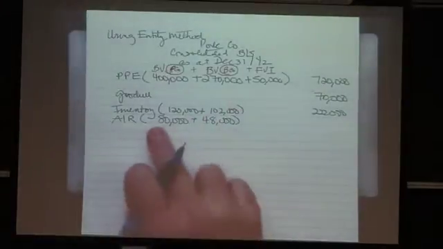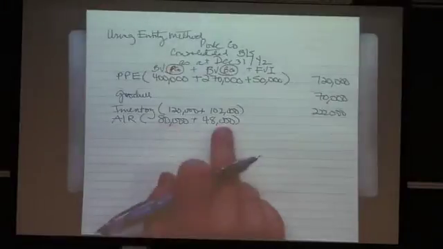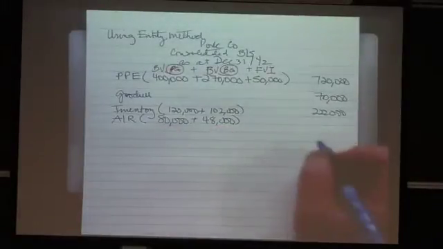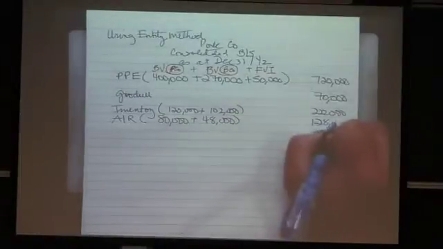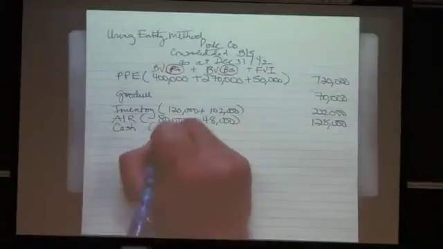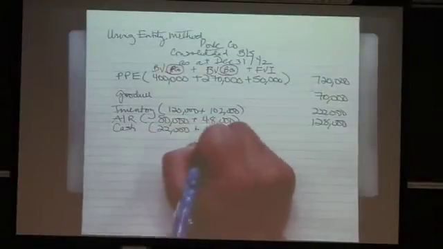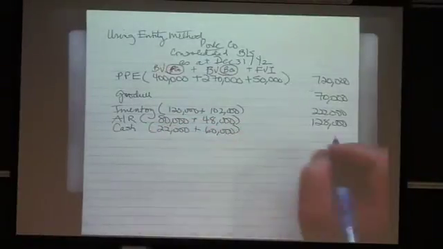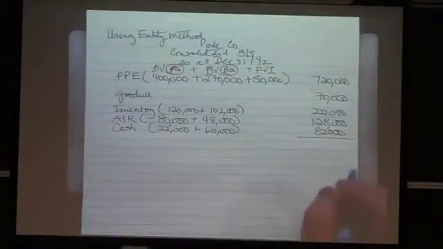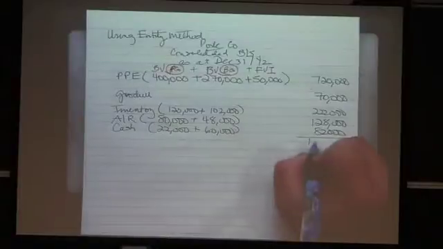These are just book value of P, Pork, and book value of Barrel. And then cash. And this is 101,222,000.